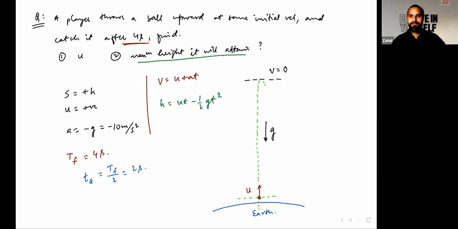Good, Khalid. Salman. Hamza, check your calculation. I have already taken g to be negative.